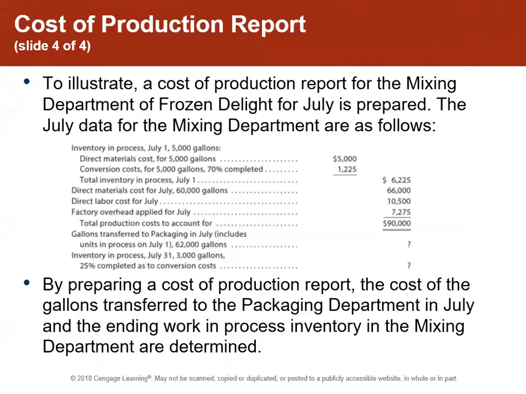Well, that can be tricky because if they're in ending inventory in work in process, they're not complete. So we haven't added all the labor and overhead. So we have to figure out how complete they are. That's where it gets kind of tricky.